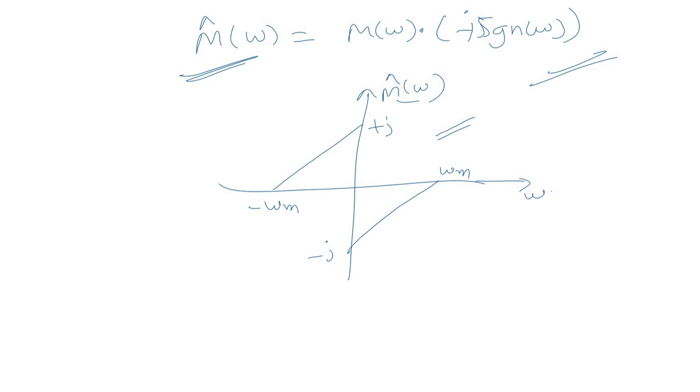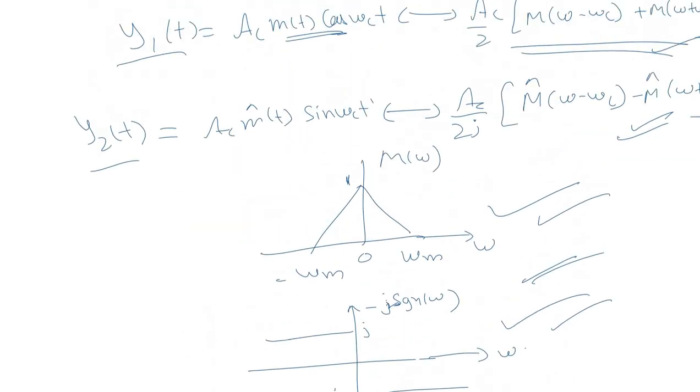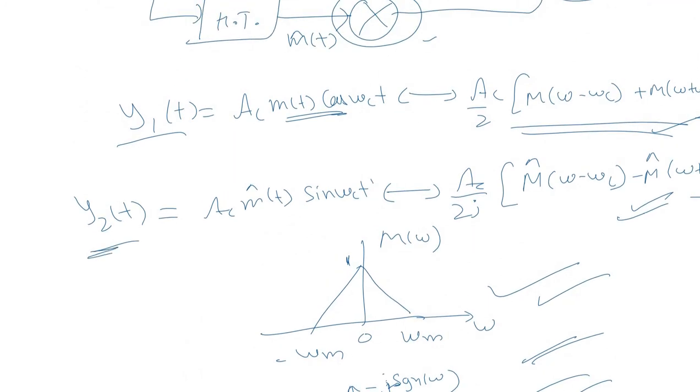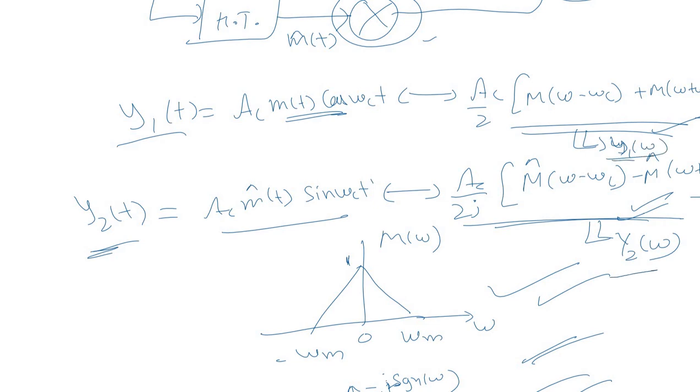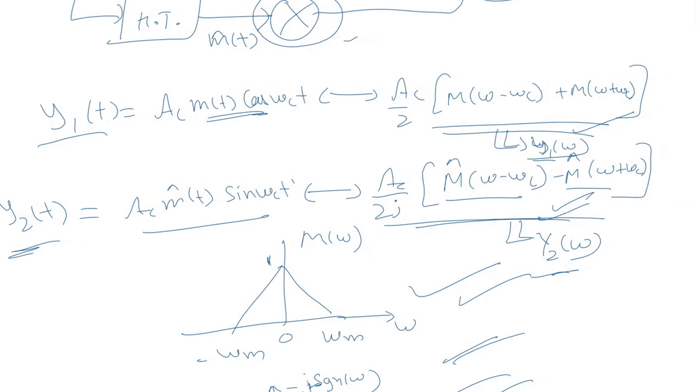Okay. Now Y2(omega) is this, and this is your Y1(omega). If you look at Y2(omega), it is a shifted version of M hat(omega), shifted by omega_c, multiplied by some scaling factor.